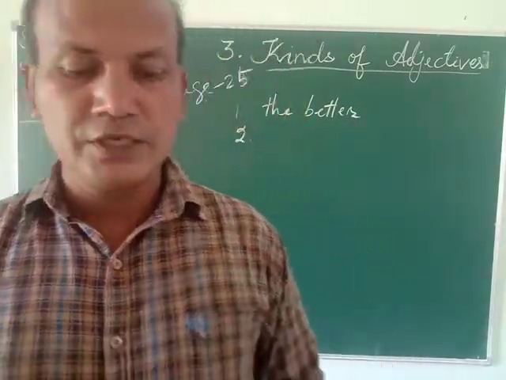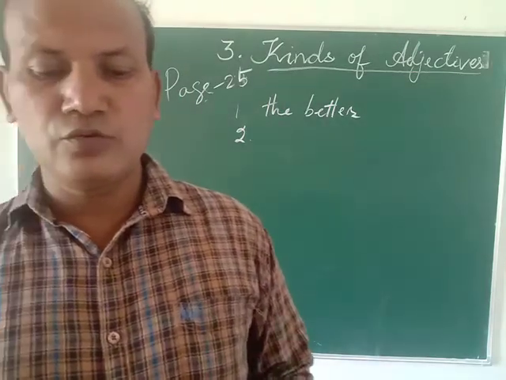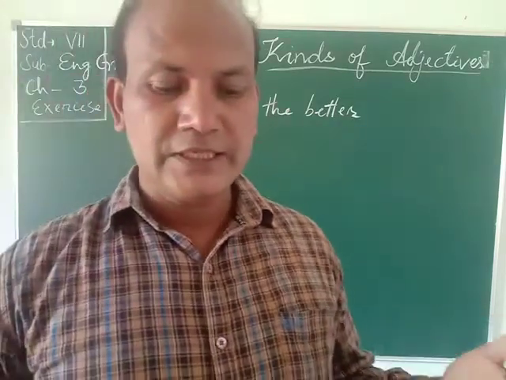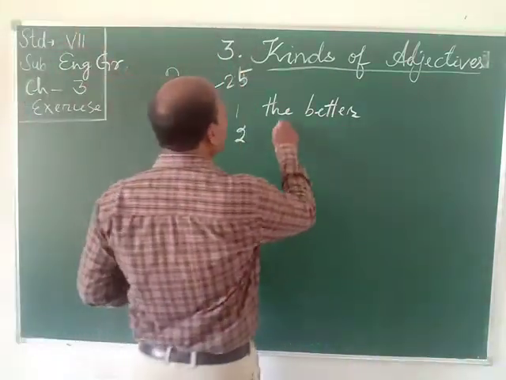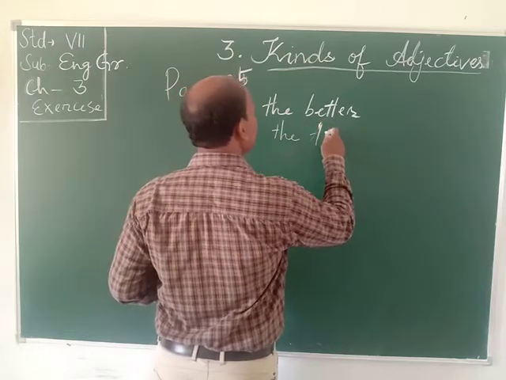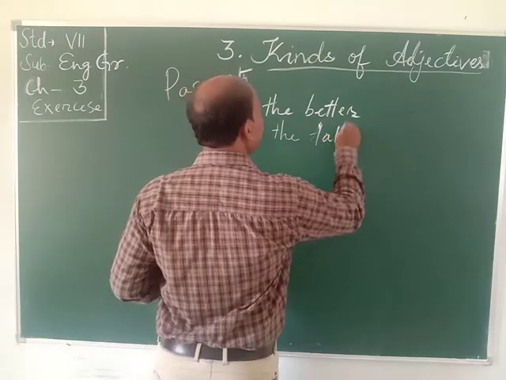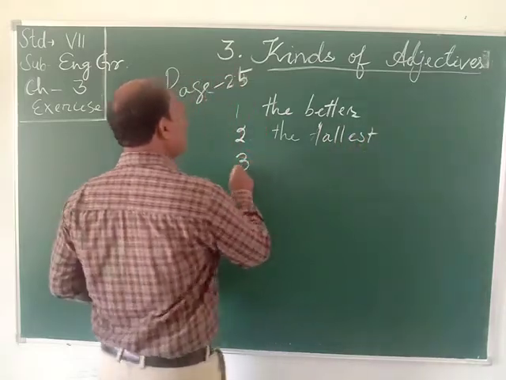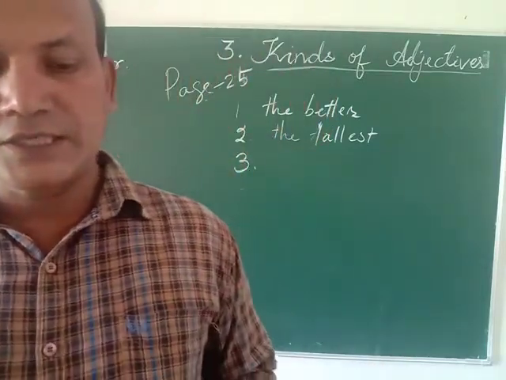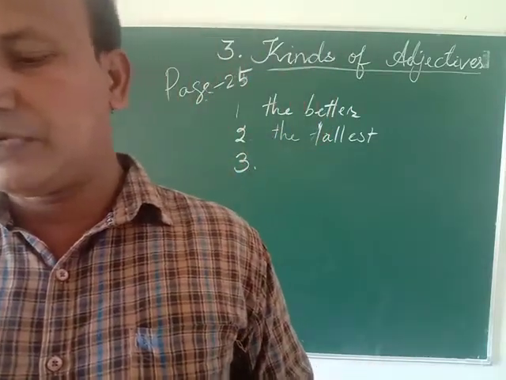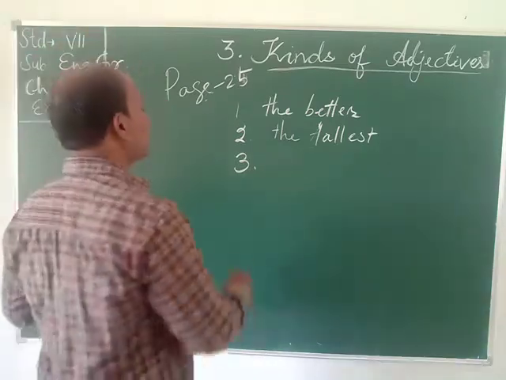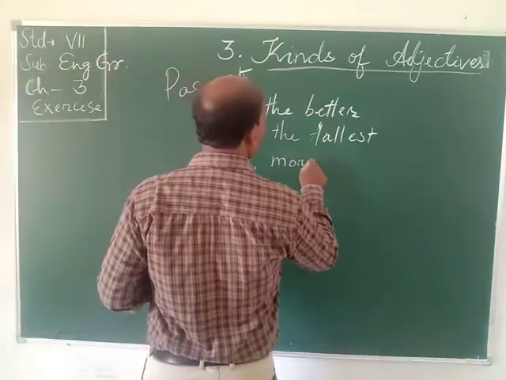Number 2, who is taller, Hima, Ritu or Rini? Here it is the superlative form: who is the tallest, not taller. Number 3, my work is difficulter than yours. Difficulter is wrong. My work is more difficult.